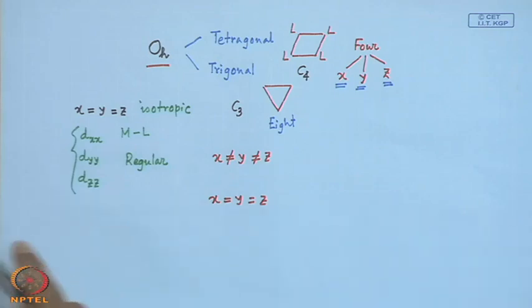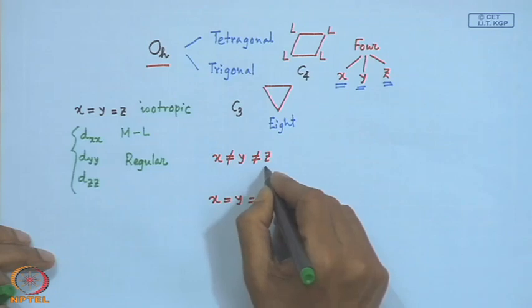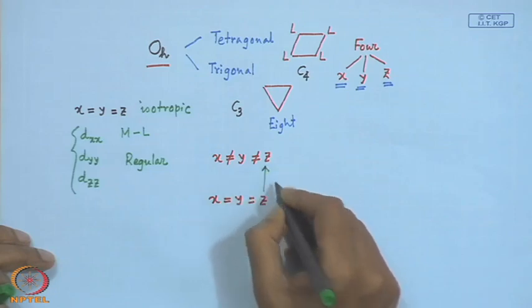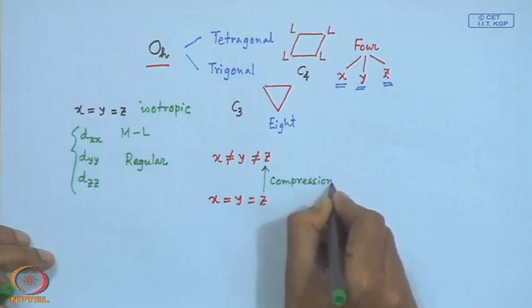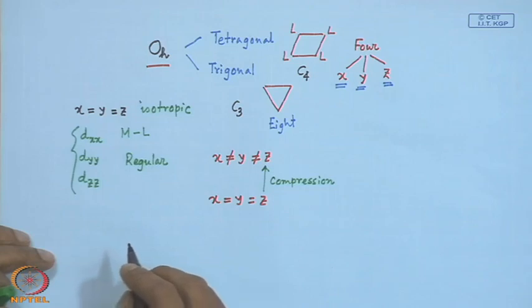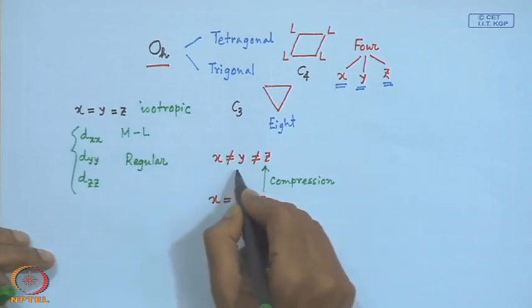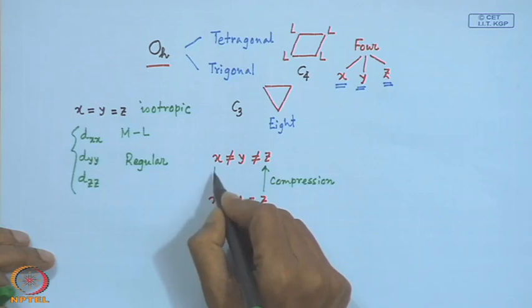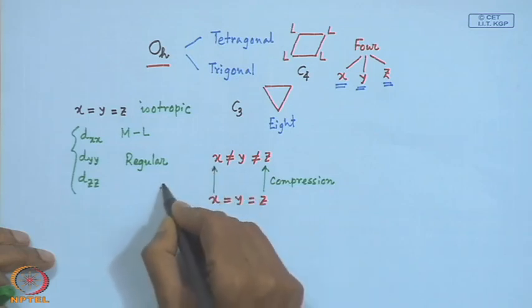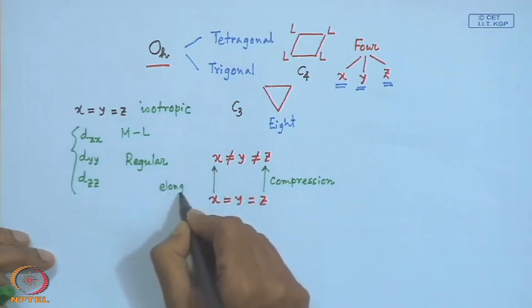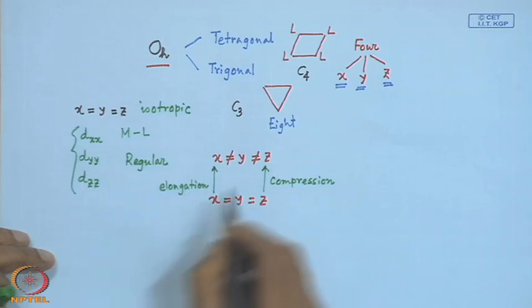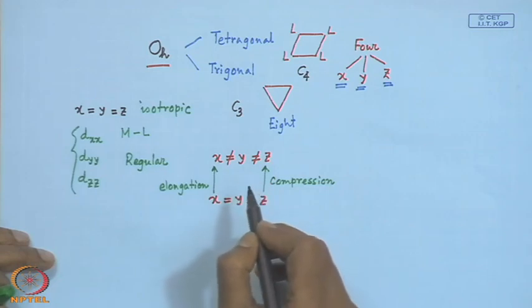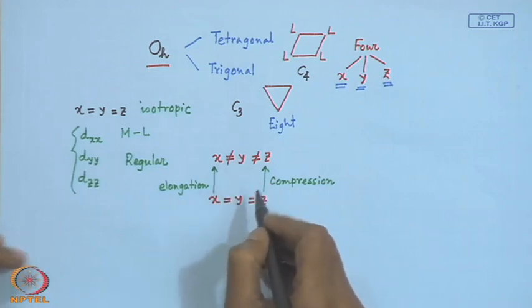So, in one axis, say along z axis we have compression, along x axis we have elongation, and y remains the same, y is not changing.